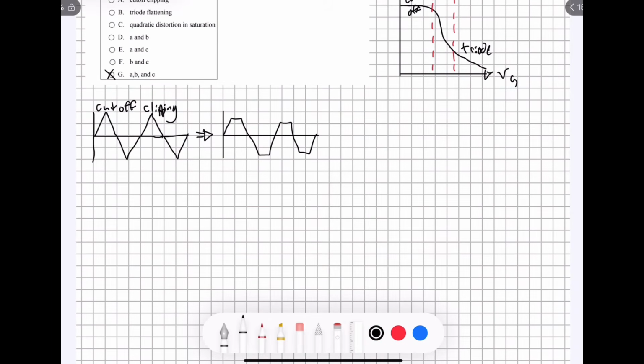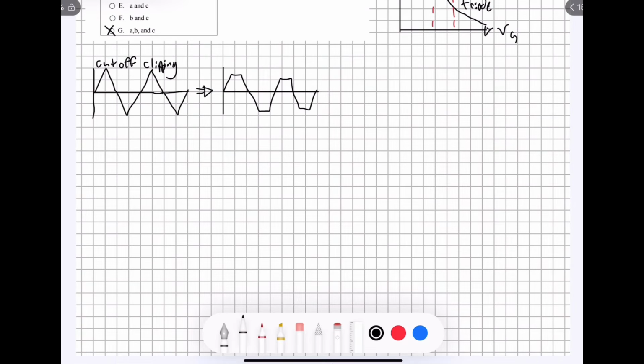So triode flattening is the next type. Let's take the exact same triangular wave. This is a very rough sketch of it.